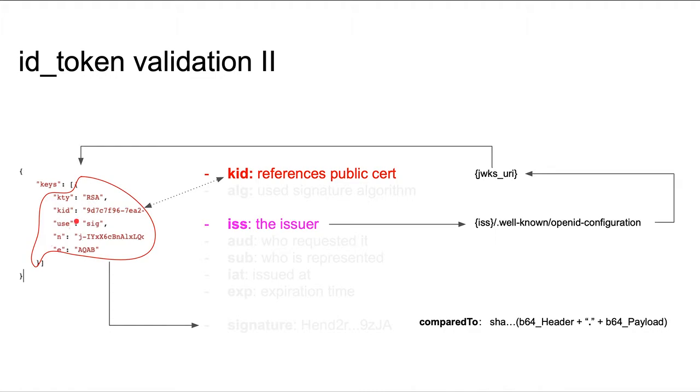What you'll do is grab the key ID of one of those keys in the list, and find the one that matches the key ID that was provided in the header that you've received. Then you take this key, create the signature as explained before, and if the signature matches the given signature, then you'll know that this is the token as issued by the issuer.